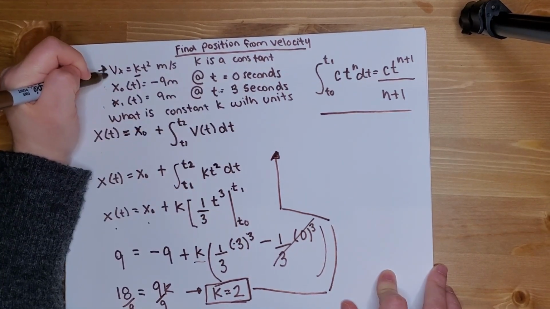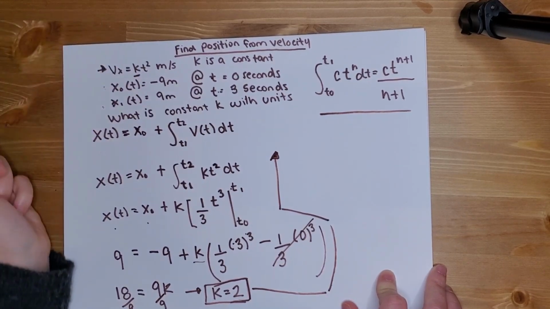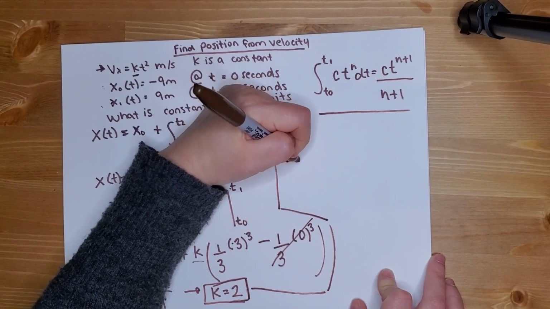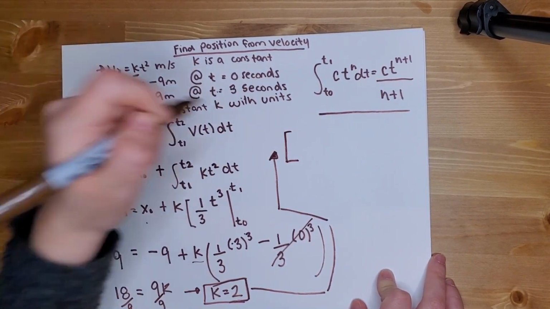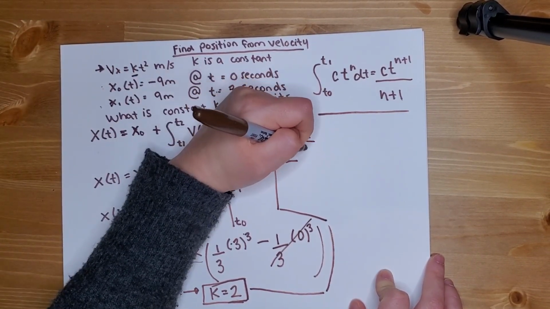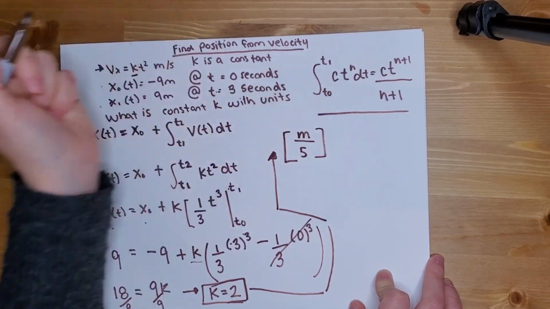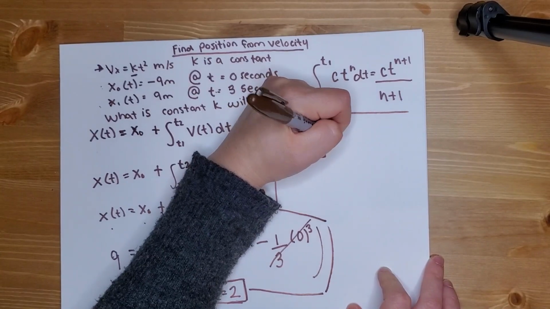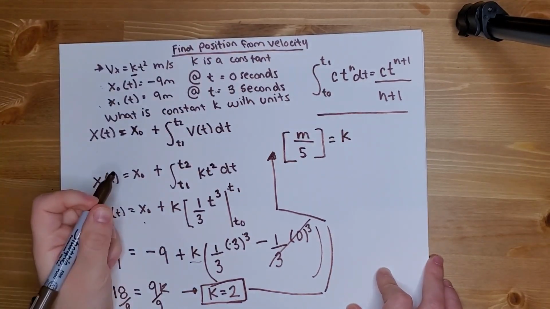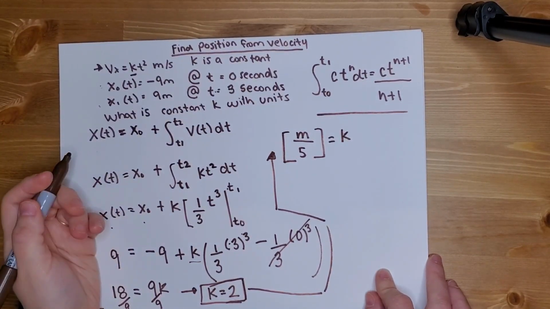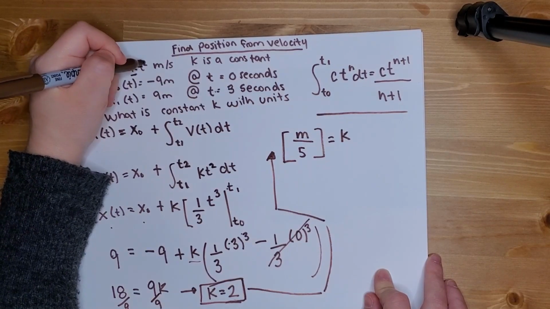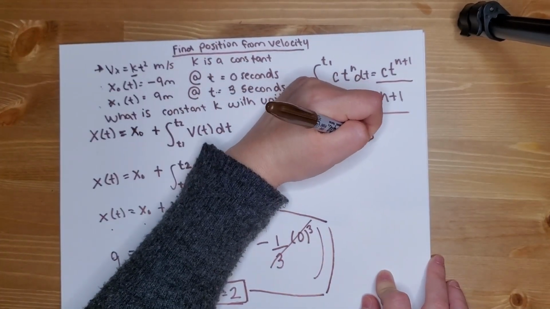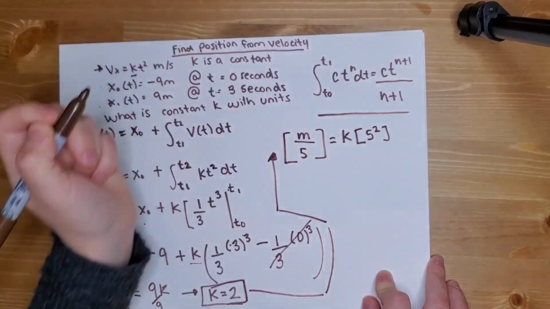What I will do is use my velocity equation, which is much simpler than my position one. My velocity on one end is just v, so that's meters per second. This is what I do to check for my units. On my other side I have my k, which I don't know the units of yet, and then I have t squared, so that's seconds squared, because it's just time.